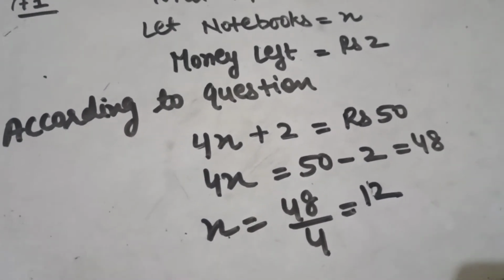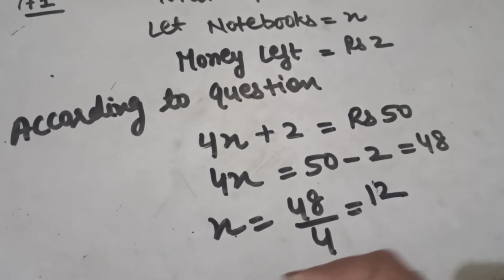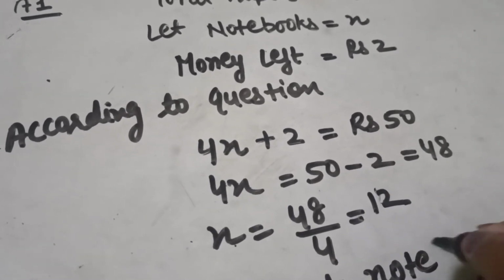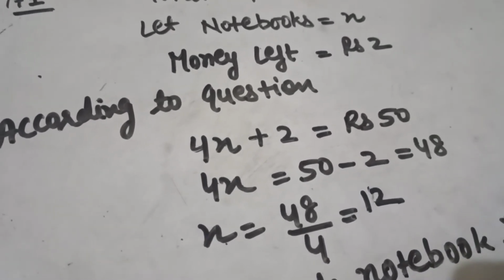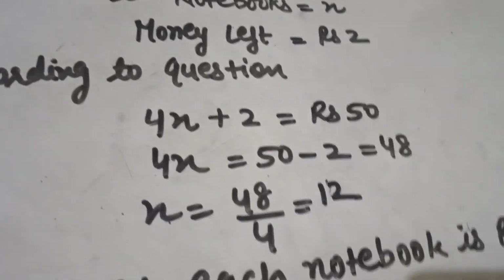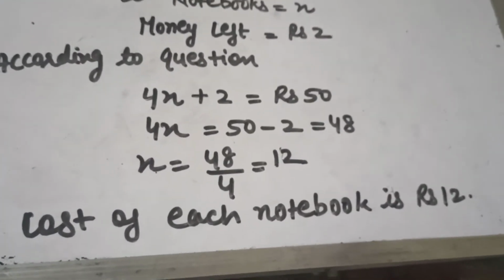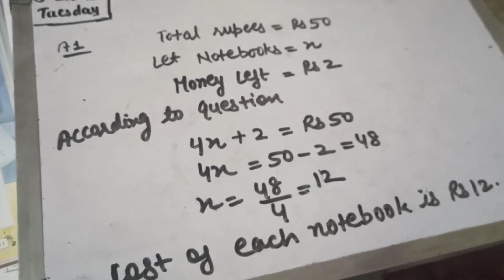You can say value or you can write the cost of each notebook is ₹12. Clear? Cost of each notebook is ₹12, which is very easy. Now the next one, A2.